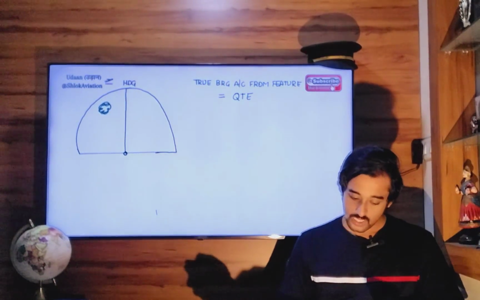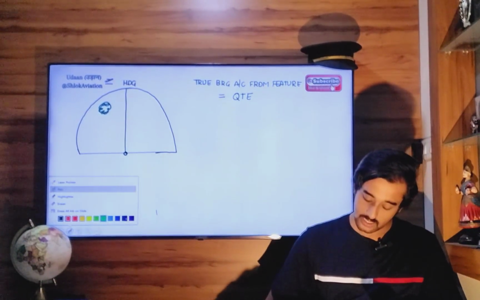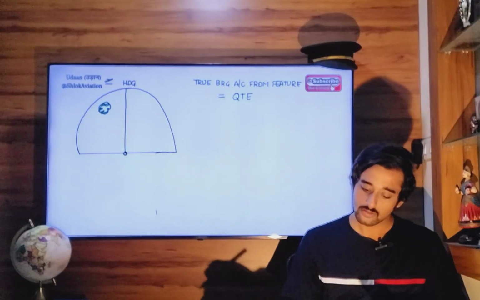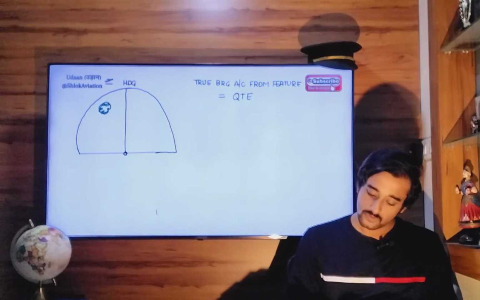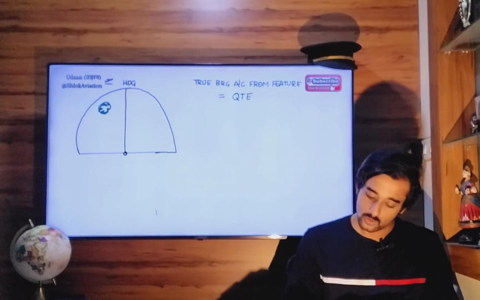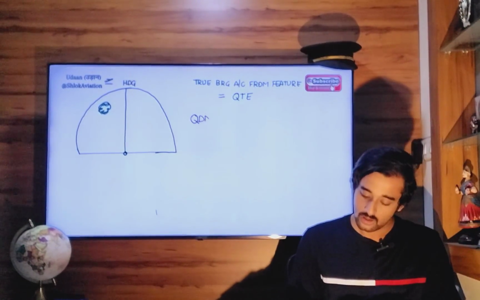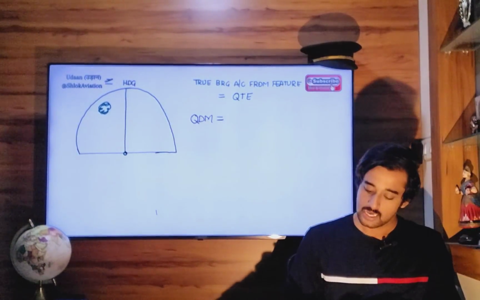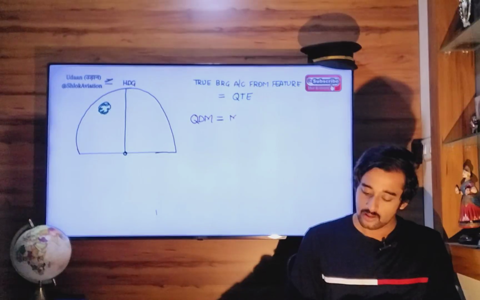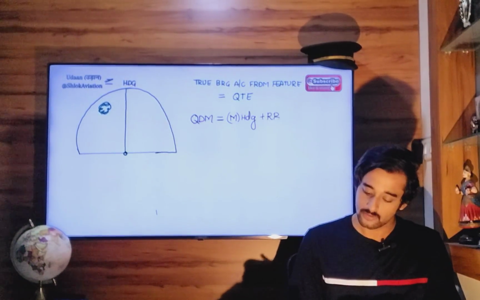Now QTE, right? So formula is QDM equals magnetic bearing to the ground feature equals magnetic heading plus relative bearing.